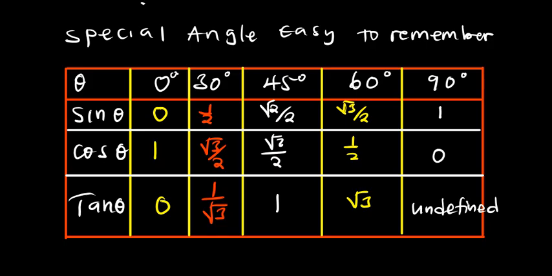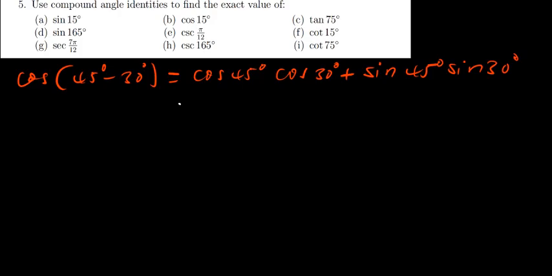I think I've mastered this now. Cos 45 is root 2 over 2. Then what of cos 30? Cos 30 is root 3 over 2 plus, what is sine 45?